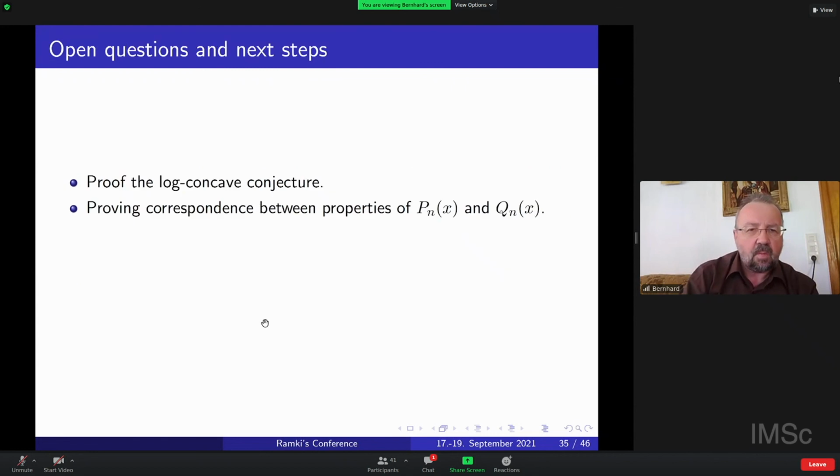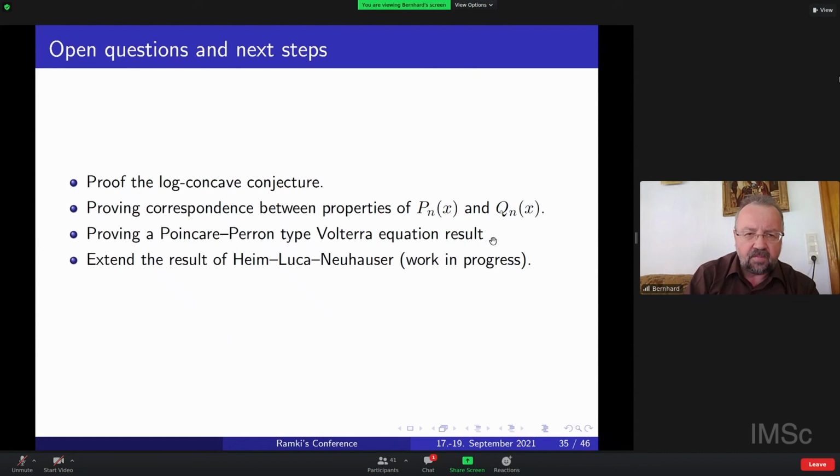So open questions. It's still open that these polynomials for sigma and maybe also others are log concave. It would be nice to have some theorems on the correspondence between these polynomials, which is very, very challenging to find. Poincare-Perron type Volterra equation when the coefficients depend on n.